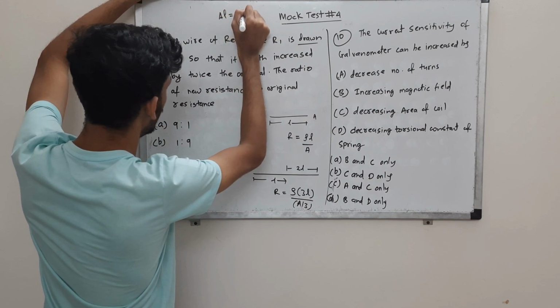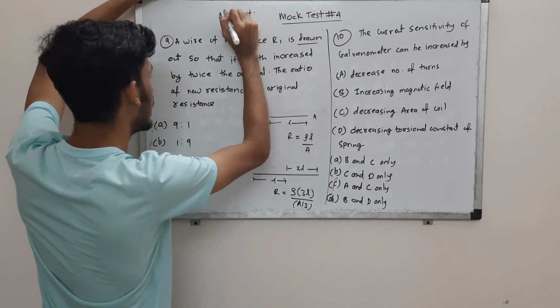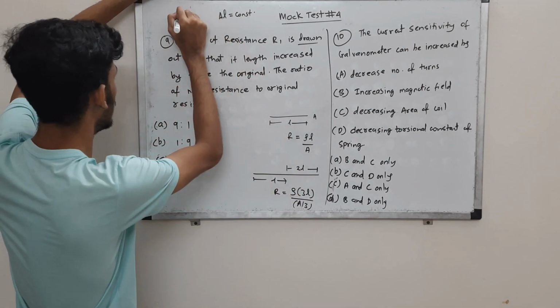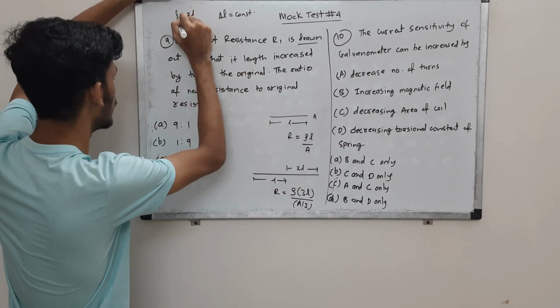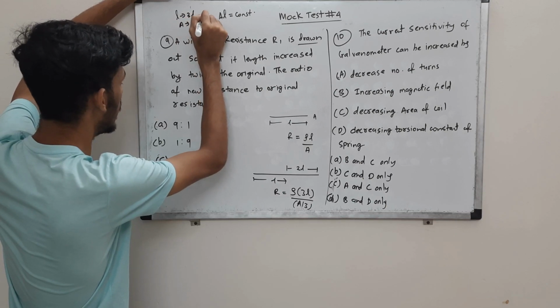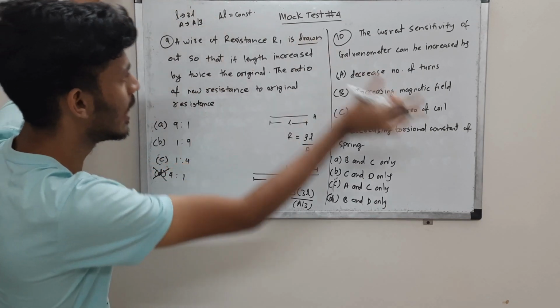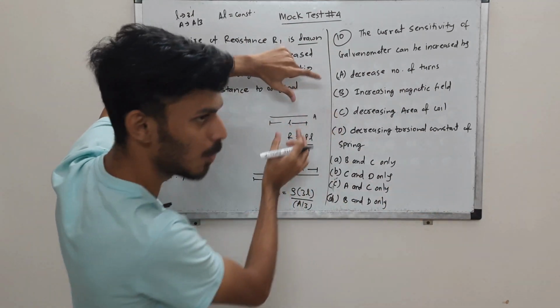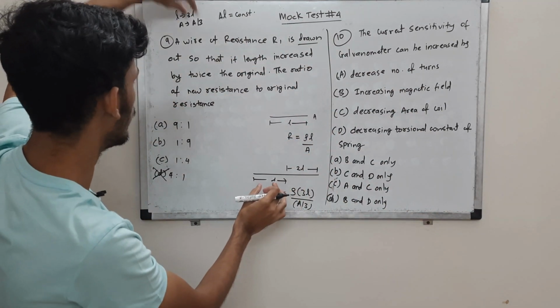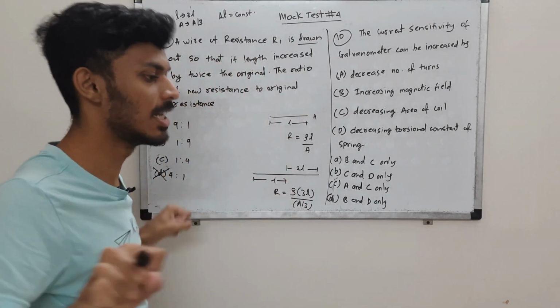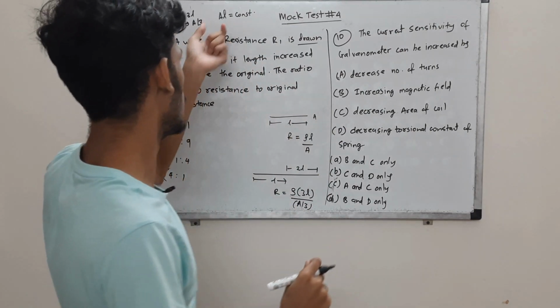Whenever you are stretching a wire, remember that A into L is always constant. Okay, so if length becomes 3 times, the area should fall to A by 3, so that when you multiply, the 3 cancels and AL is constant. Initially it was A into L, and here also if you multiply, you will get A into L. Right, so whenever you stretch a wire, remember that this product is constant.